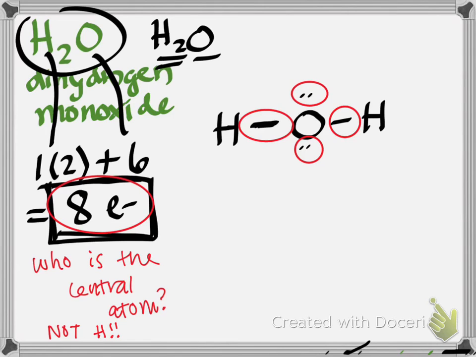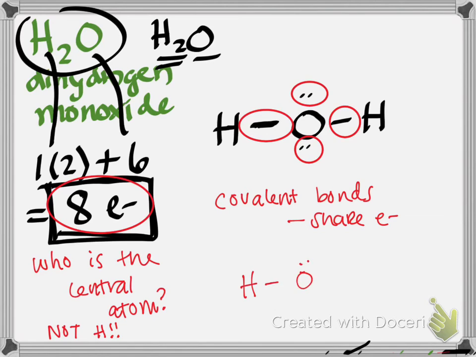So this is all because in covalent bonds, we share electrons. It's not a matter of transferring like you saw in ionic, but we are actually sharing electrons, okay? So this is what water ends up looking like, okay? It has 2 lone pairs on the central atom and 2 single bonds going to the hydrogens.